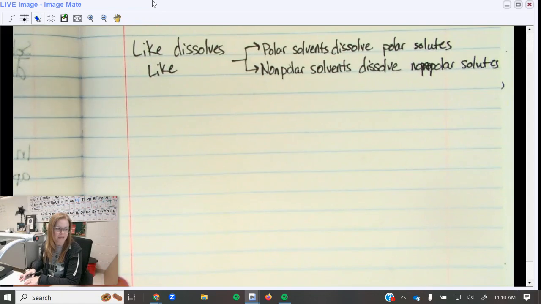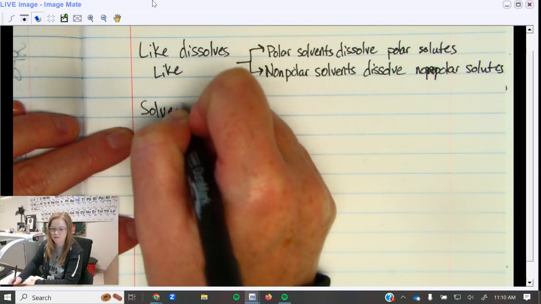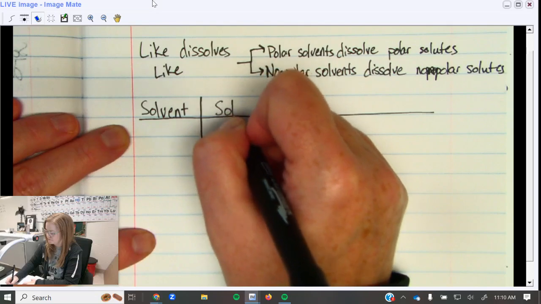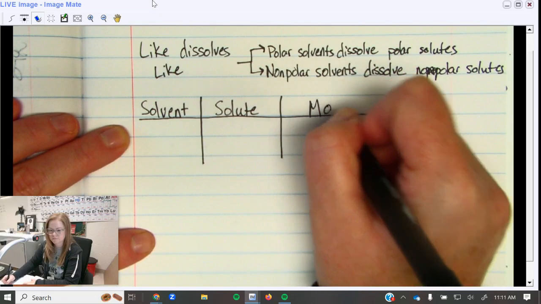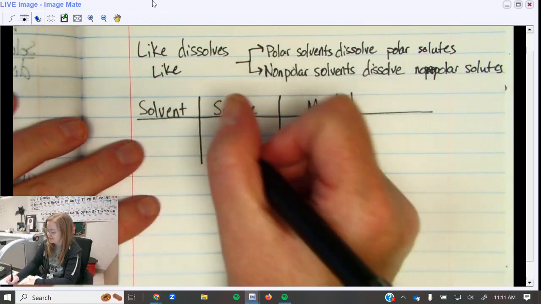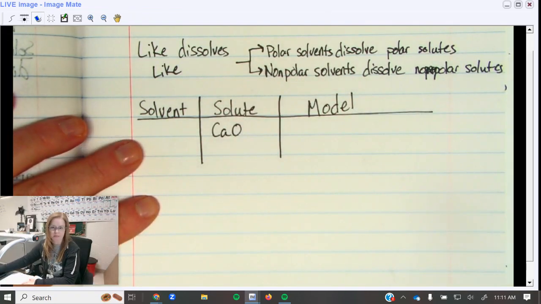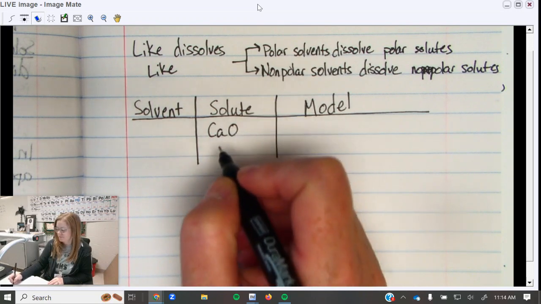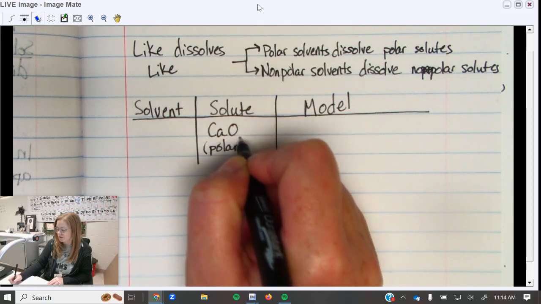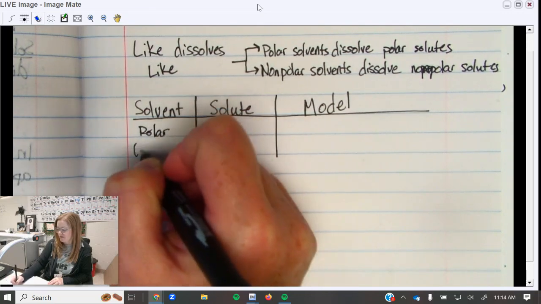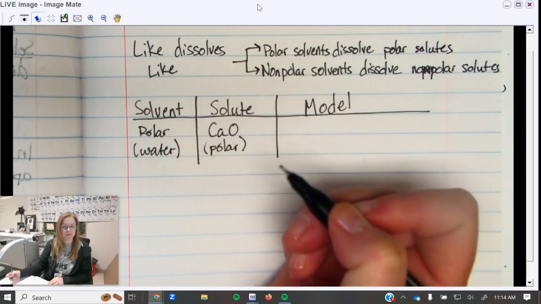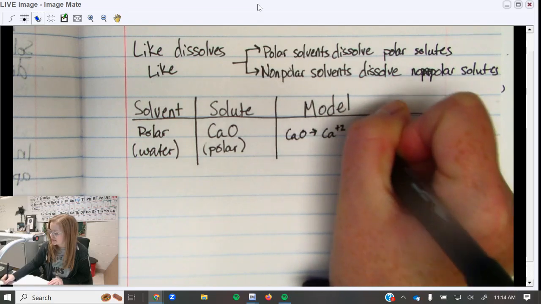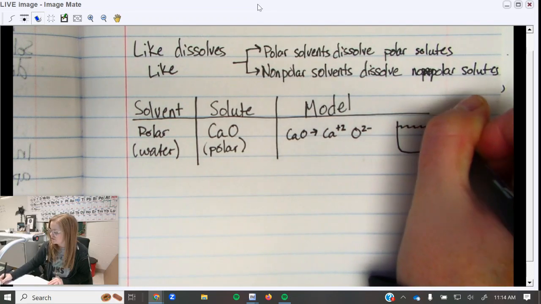So for example, I'm going to do some solvent and solute combinations with a model. If I had a solute like calcium oxide, sorry, let me pause. Okay, back to it. So if I had CaO, this is an ionic molecule, which means it's polar. So it needs a polar solvent, something like water. And if it were to go into solution with water, my CaO would break down into calcium and oxygen, and they would dissolve into the solute.